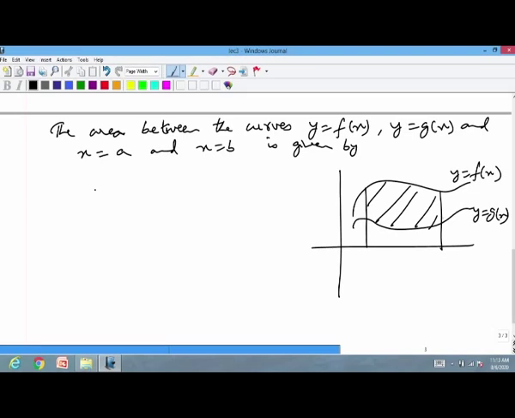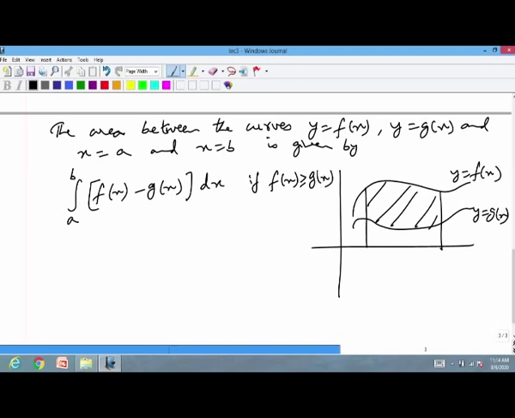So, in this figure f(x) is greater than g(x). So, this will be the integral from a to b of f(x) minus g(x) dx, if f(x) is greater than or equal to g(x).